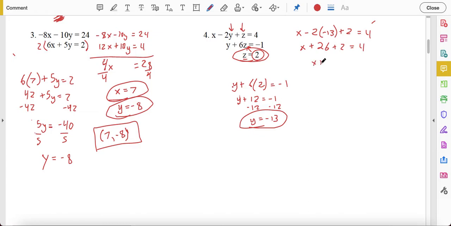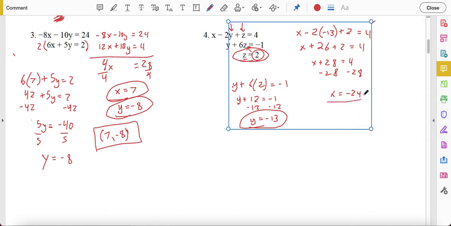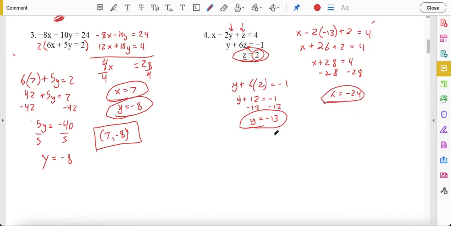So x plus 28 equals 4. Subtract 28, and we get x equals negative 24. So you can leave your answer as x equals, y equals, and z equals, or you can write it as this ordered pair, negative 24, negative 13, 2. Notice how I put it in that x, y, z form. And that is our final answer.